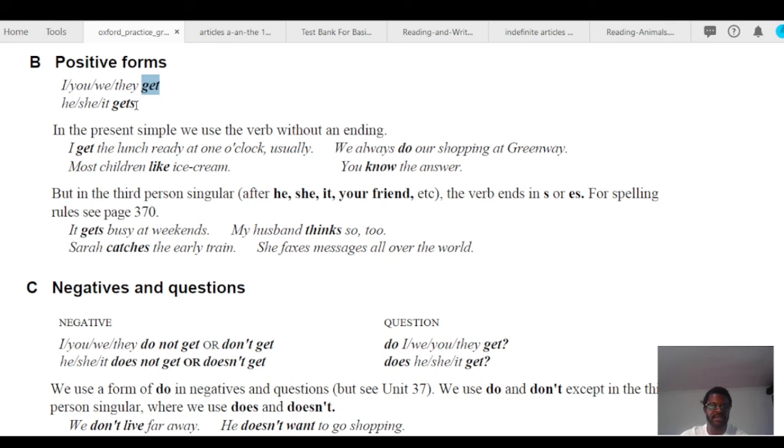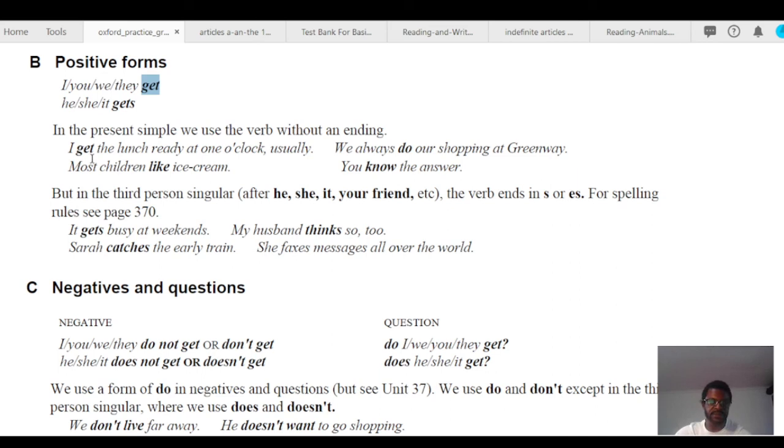it must not be "get", it could be any other verb. Then we'll have to put s or es or ies to it, depending on how the verb ends. Remember, some verbs end with y, or ss or ch or sh. Then we'll have to put maybe es or ies.